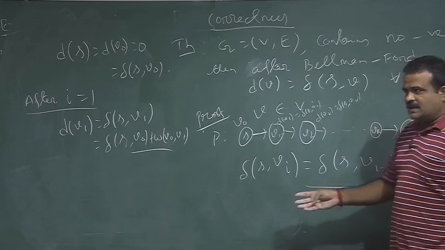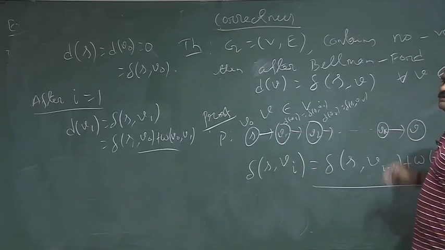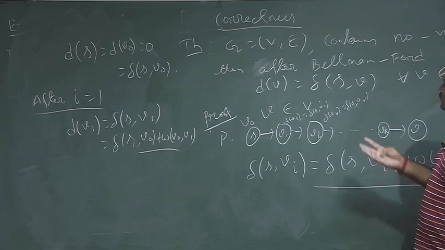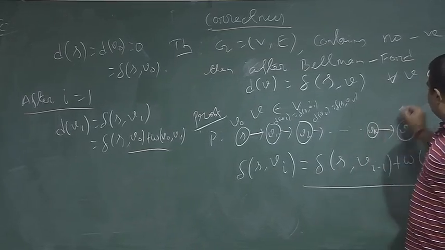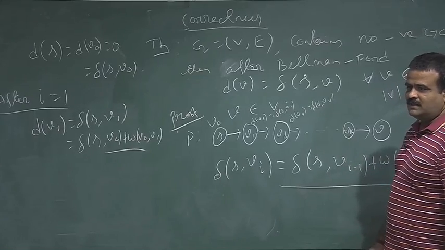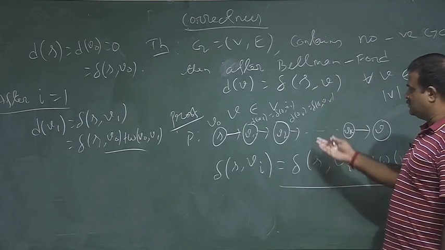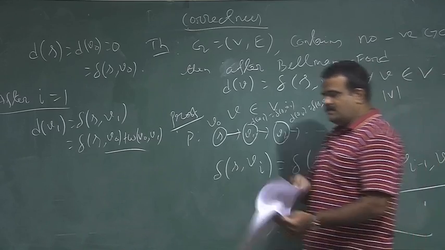So this is the correctness. Now in a simple path, what is the maximum number of vertices? The maximum number of vertices is V, so we have at most V minus 1 vertices in the middle. That is why our outer loop is from 1 to V minus 1. So this is the correctness of the Bellman Ford algorithm.